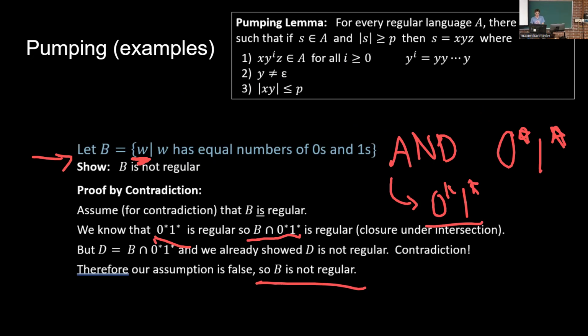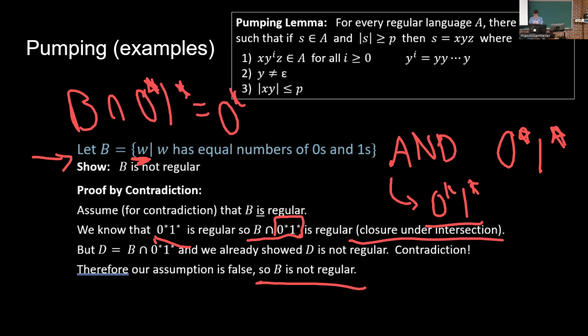Good question. So B is what we start off with. We want to prove that B is irregular, and we do this by assuming it's regular. Then we make an expression. If B is regular and this element here is regular, and intersection is closed under regularity, then if you intersect two regular things together, the whole thing is going to be regular. We do that because it lets us show that what this is, is just 0 to the k, 1 to the k.